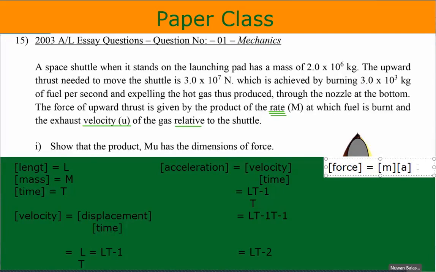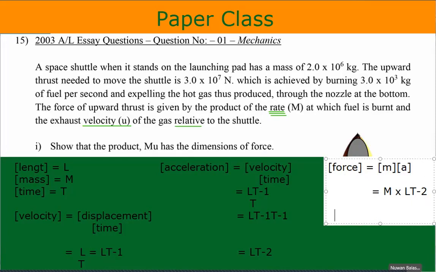The dimension of mass is capital M. What are the dimensions of acceleration, dear Lamai? LT minus 2, sir. So M into LT minus 2 means MLT minus 2.